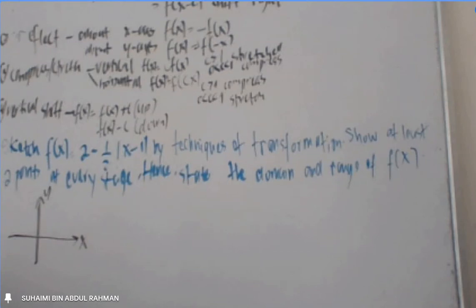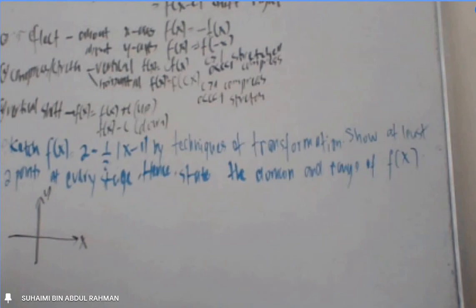What is the shape of the absolute value function? Reflection? What is the shape?